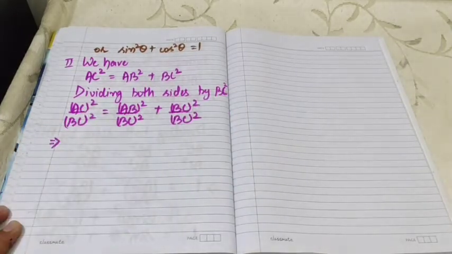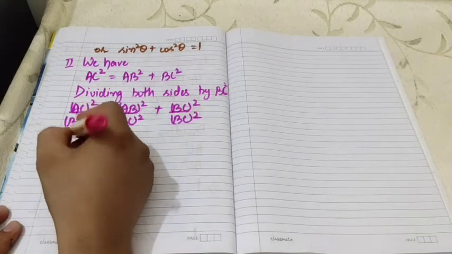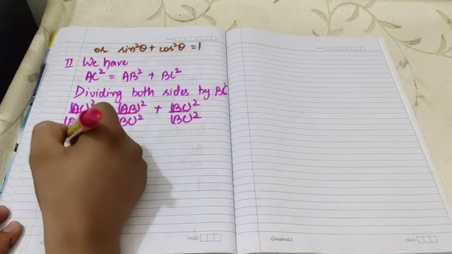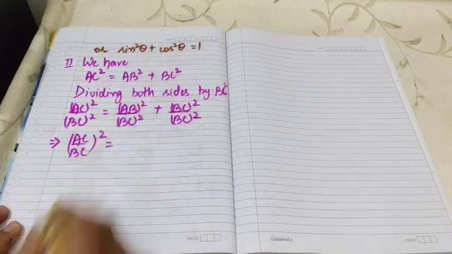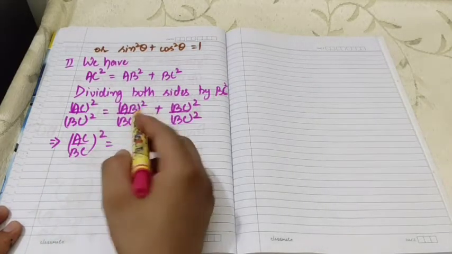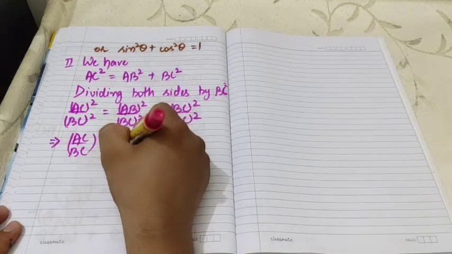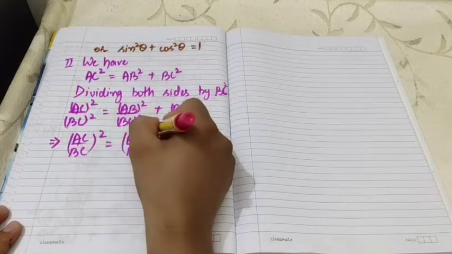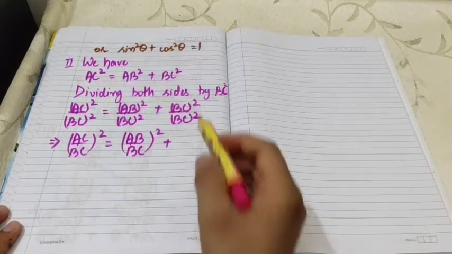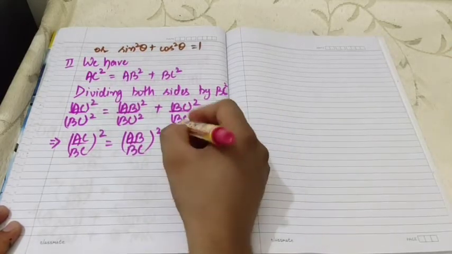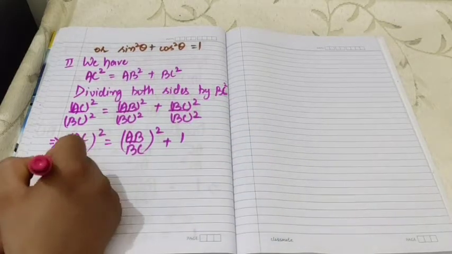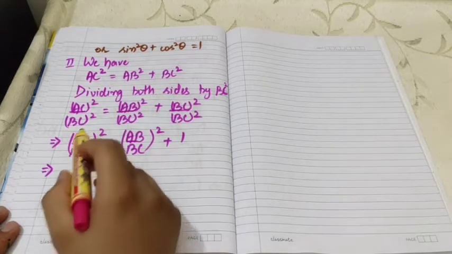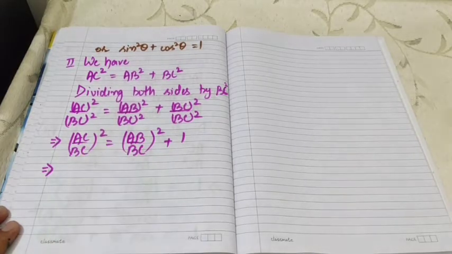In the next step, AC square divided by BC square can be written as AC divided by BC the whole square, equals AB square divided by BC square, which can be written as AB divided by BC the whole square, plus BC square divided by BC square, which can be written as 1 only. Now, the ratio of AC to BC.